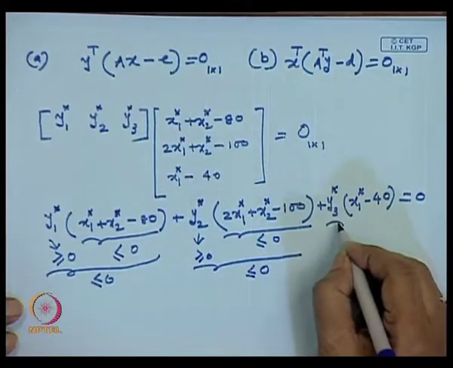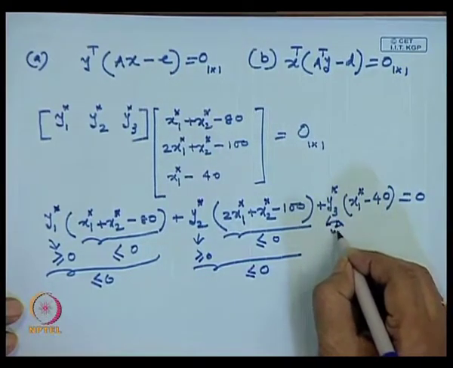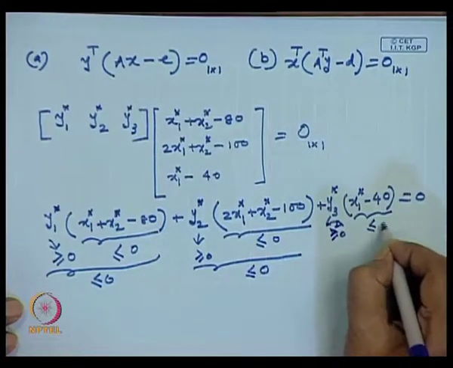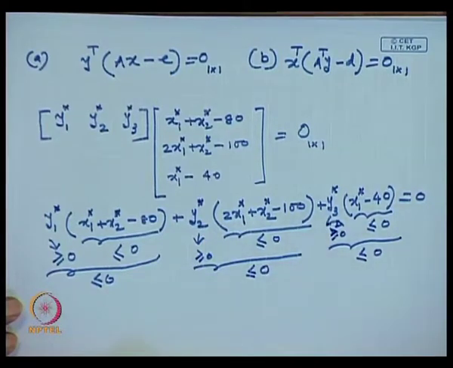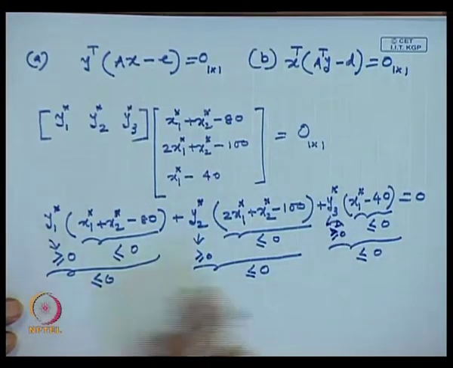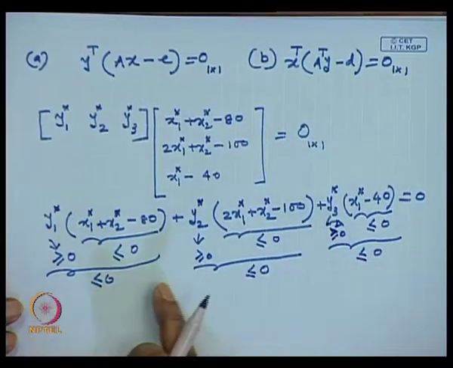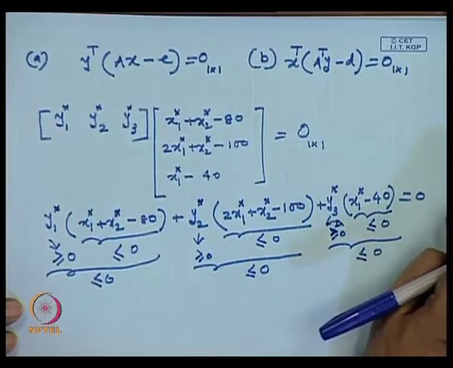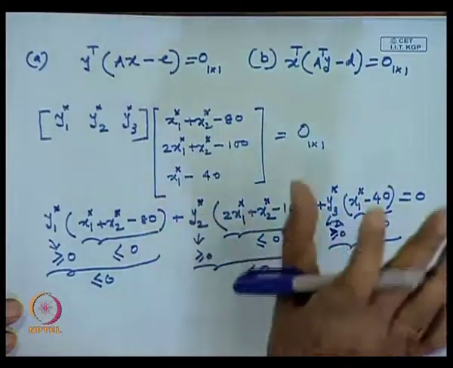Similarly, by the same logic, y 3 is greater than or equal to 0 and this one is less than or equal to 0, and the product is less than or equal to 0. So, the whole thing is 0. So, there is no possibility of cancelling one another; either it will be negative, and in the worst situation all will be negative, which does not satisfy this right hand side. So, this is only satisfied if each component of this is 0.